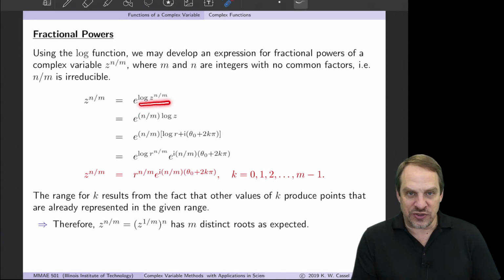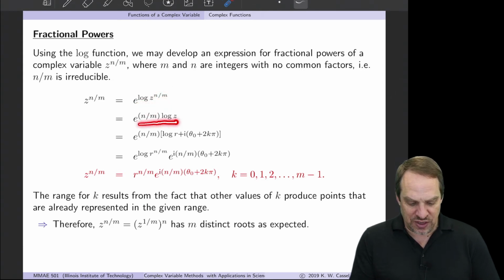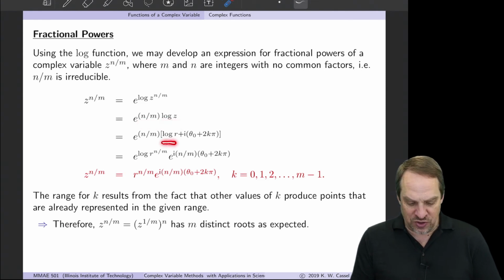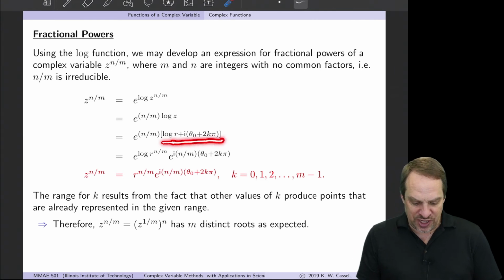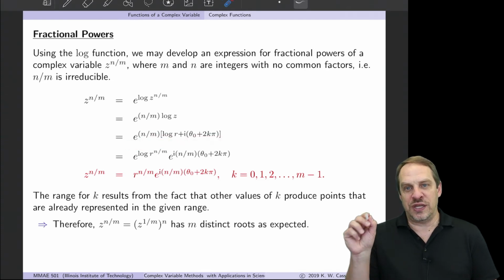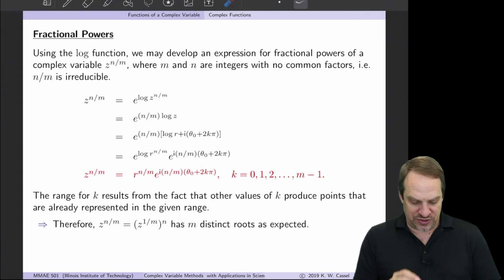Now let's write the log of z to the n over m as n over m times log z. Remember, log of z to some power, you can bring the power out front. So that's n over m times log z. Then I can use the expression that we just obtained for log z. It's log of r or mod z, whichever you prefer, plus i times theta 0 plus 2k pi. So then we have e to the something plus something. So I can write that as e to the first something times e to the second something.